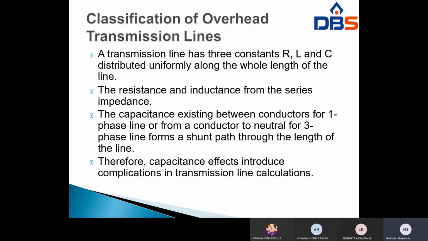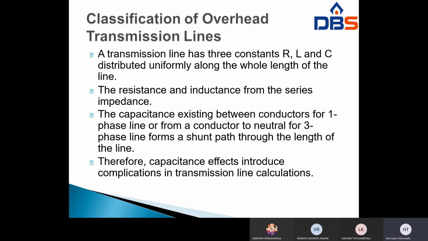Resistance and inductance are in series in the transmission line, but capacitance is in parallel. That is, it looks like a shunt branch or shunt path throughout the length of the line. Therefore, the capacitance effect introduces complications in transmission line calculations.